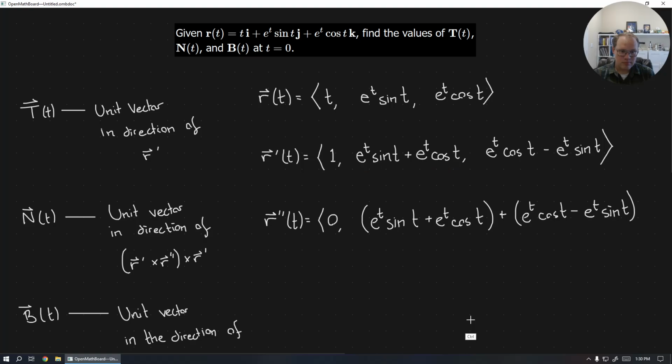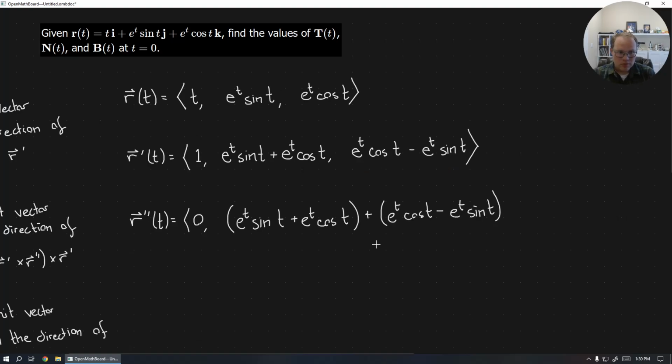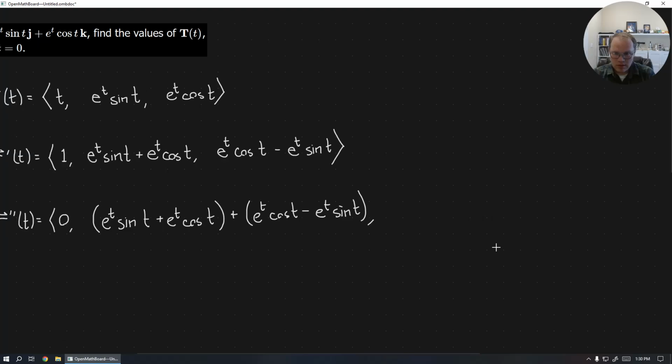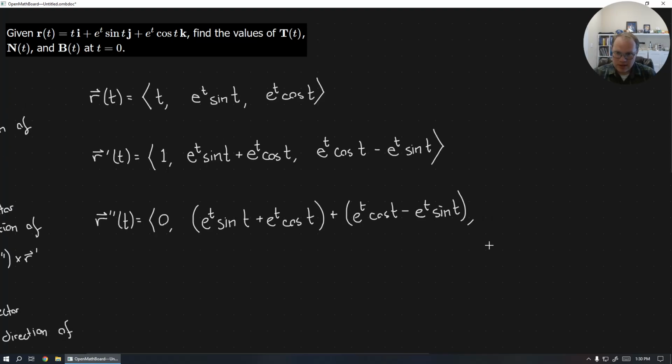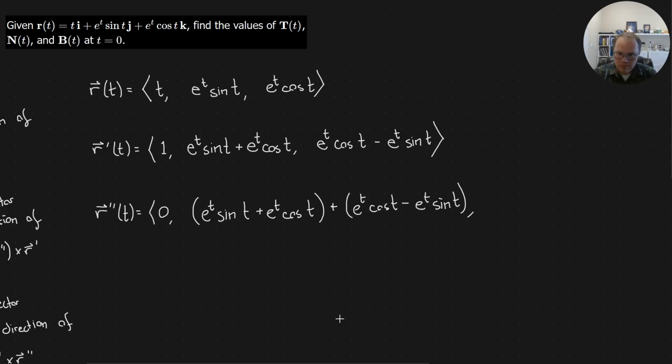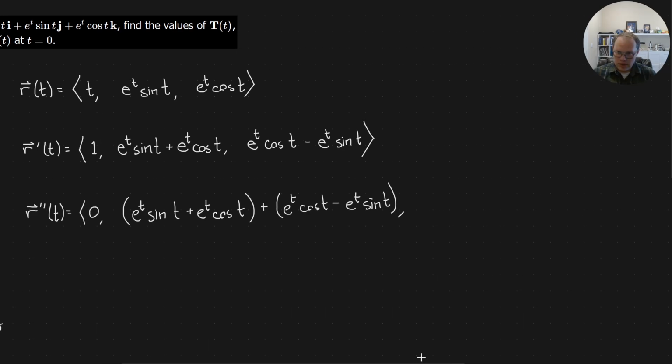Okay, let's do our third component now. Give myself some space. Maximize our viewing area. There we go. And we could do the same thing. This is just the derivative of e to the t cosine t, e to the t sine t. I already found those when I found r prime. So let's do e to the t cosine t first.